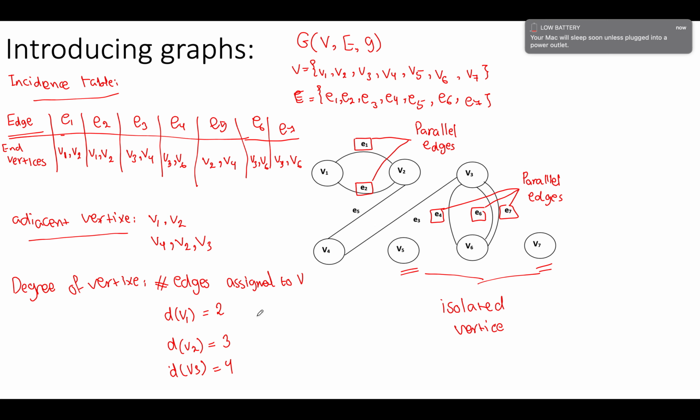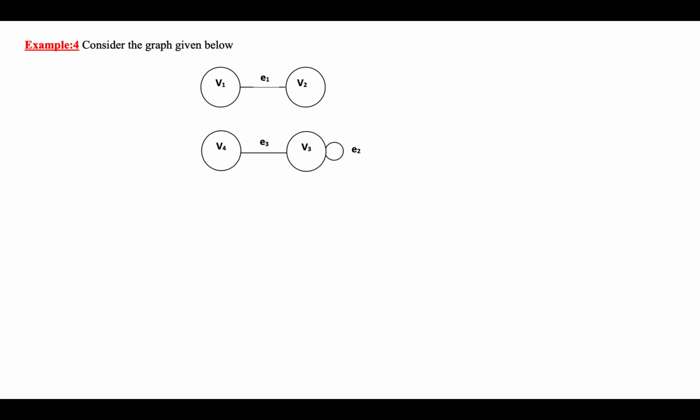Now, the degree of a vertex can be even, and we call them even degree vertex, or it can be odd, and we say that it is an odd degree vertex. Right, now let's check this example here just to make sure that you are familiar with the terminologies. Consider the graph given below. First thing we need to do is, let's just define this graph.